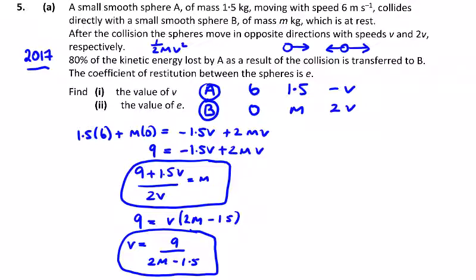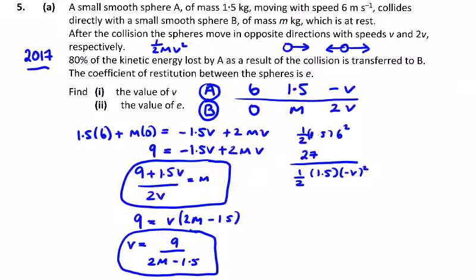So for kinetic energy, we have all the variables for A. So half mv squared, before, is half times 1.5 times 6 squared. So that's a half of 36 by 1.5, 54 divided by 2, it's going to be 27. That's before. But then it's going to be a half times 1.5 times minus v squared, so that's just going to be 0.75v squared.